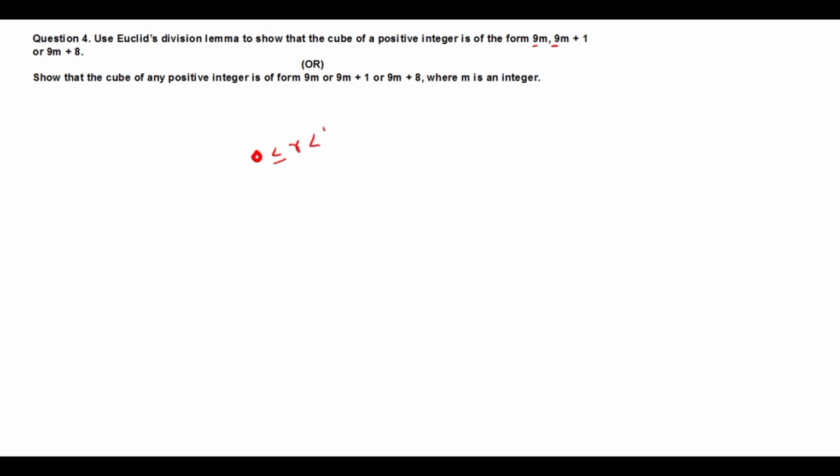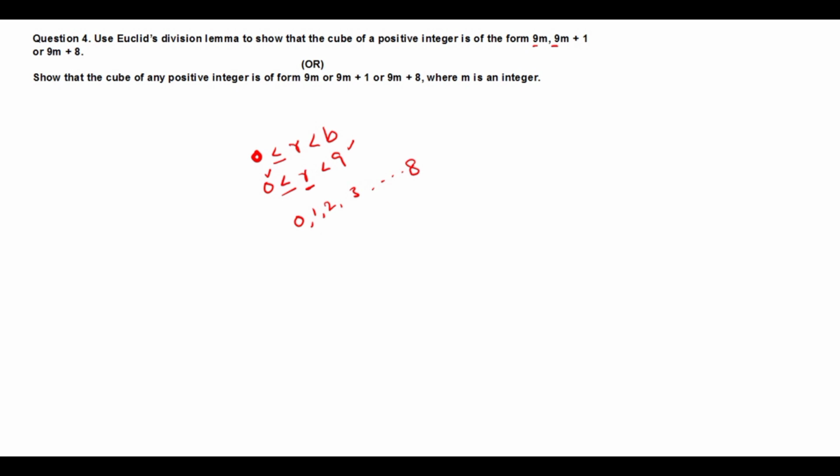That means 0 less than or equal to the remainder, which is less than 9. So the possible remainders are 0, 1, 2, 3, and so on up to 8.